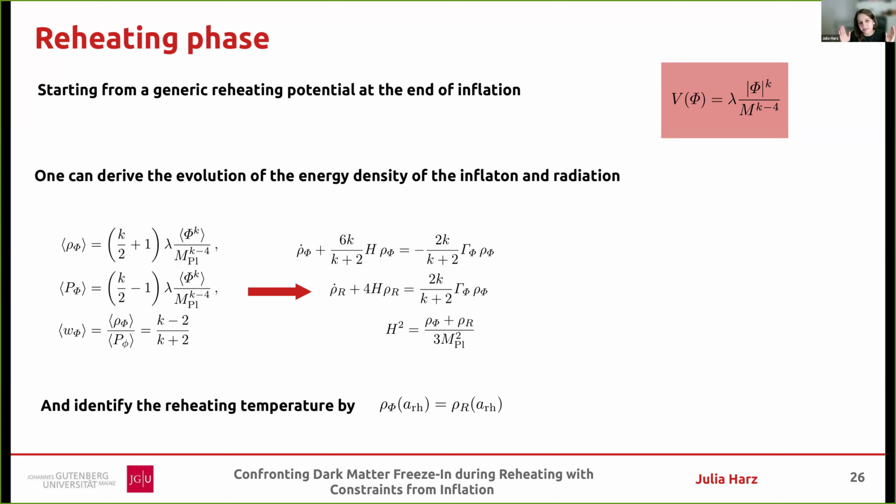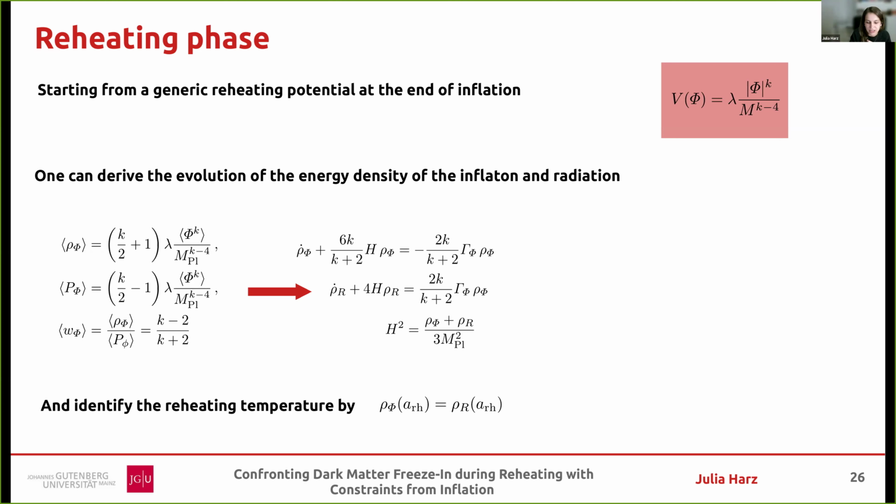Okay, so this means we now have at hand how we can describe the evolution of the energy densities that will later influence the freeze-in production. What we did, of course, was calculate and numerically analyze all these equations. Just to give you an idea, I now do an approximation, but this is not the approximation that we actually did in our study.